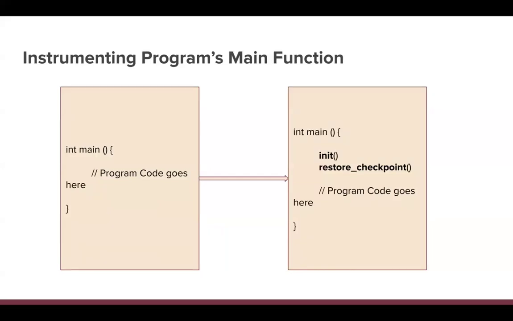Now, the init function is special because it allows a programmer to implement an MCU-dependent peripheral restoration or reinitialization, and Chinchilla would insert a function call to it. And it also allows a programmer to do task-dependent things in the init function. The restore checkpoint is the one that restores the previously stored checkpoint and continues execution from there.